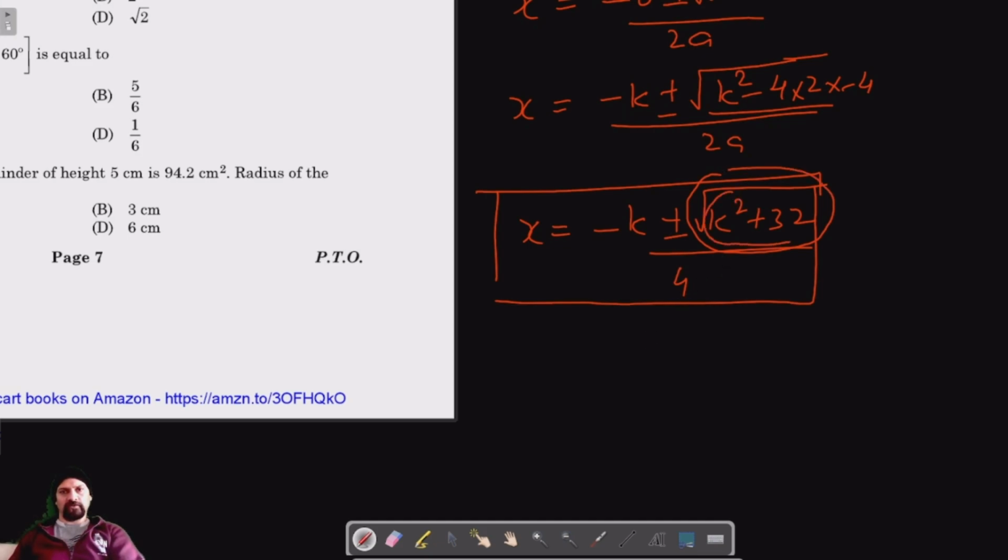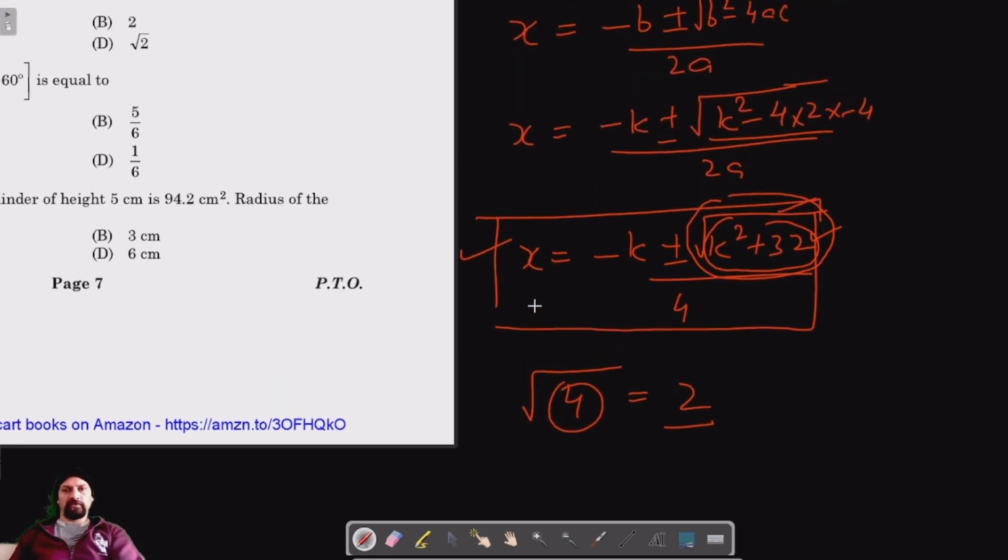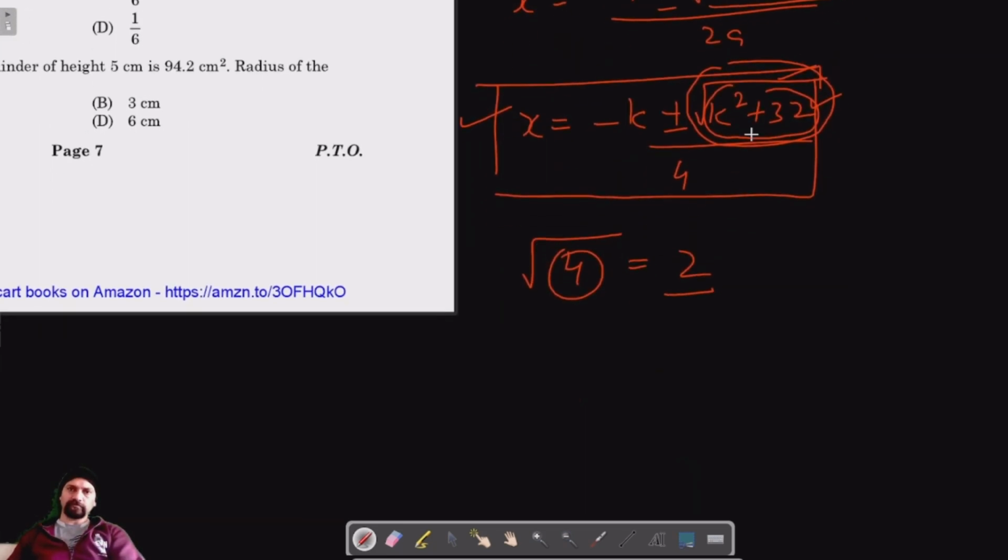That is, k squared plus 32 is a perfect square, because we have to get it out of the square root, and once the number is in the square root, it should be a perfect square so that it comes out of the square root. And once we have a rational number out from this square root value, the zeros will be rational numbers.